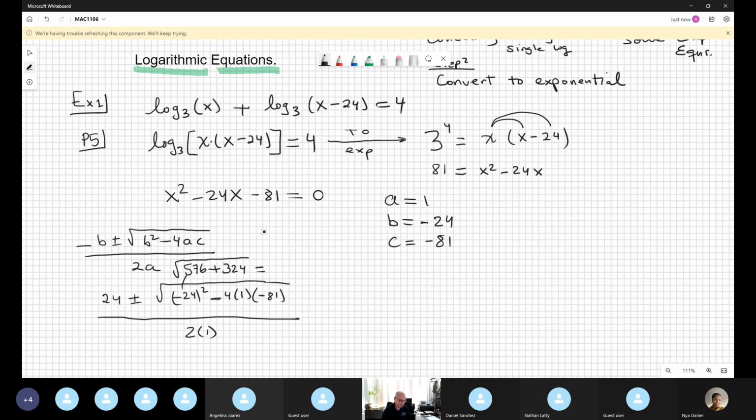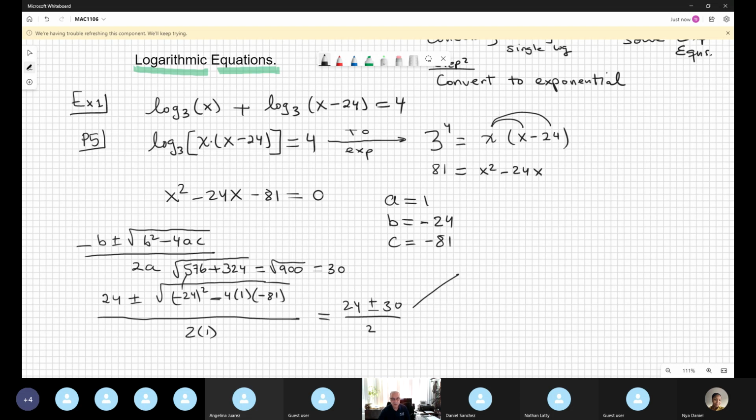Now you add 576 plus 324, it's 900. Oh, cool, I like that. And the square root is 30. So far we have 24 plus or minus 30 divided by 2.